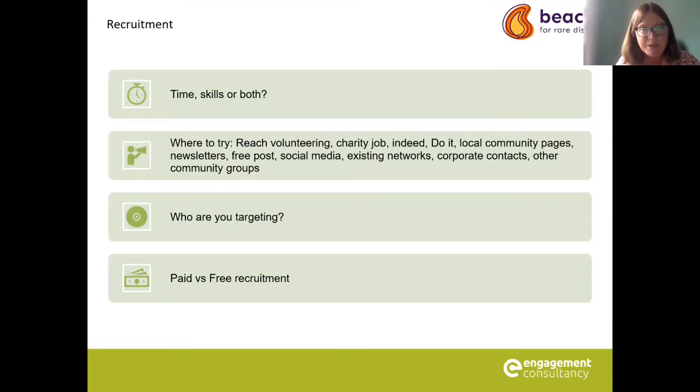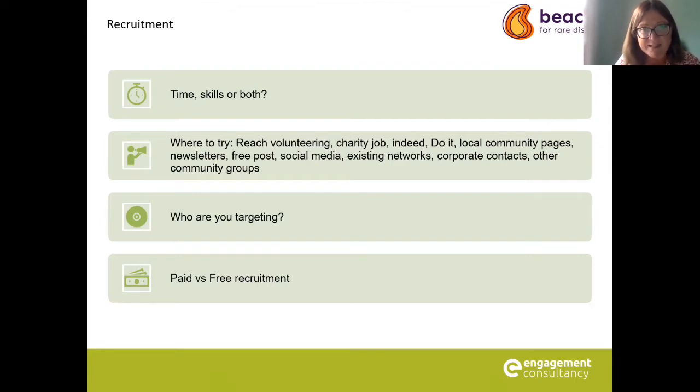And also consider budget. You do not ever need to pay for recruitment for volunteers. It's never a necessity. There's a plethora of free options, and almost everything where there is a paid way of advertising will also have a free counterpart. In my experience, the return on investment if you pay for it is not necessarily much better than the free offer.